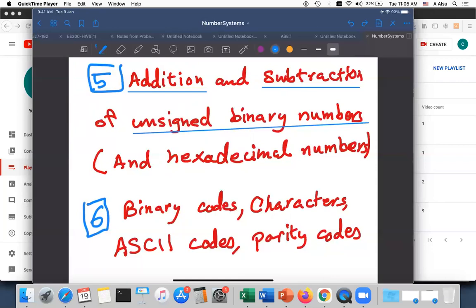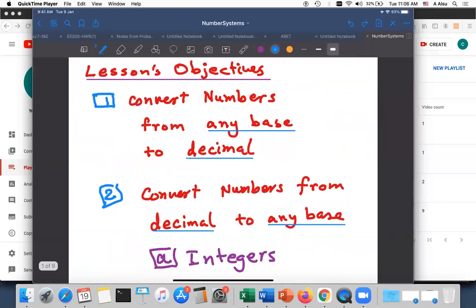And then we will learn about binary coded decimals and ASCII characters and parity codes. So these are the objectives of this multi-lecture lesson. Maybe it will take 2 or 3 lectures. So we start with objective number 1 today.